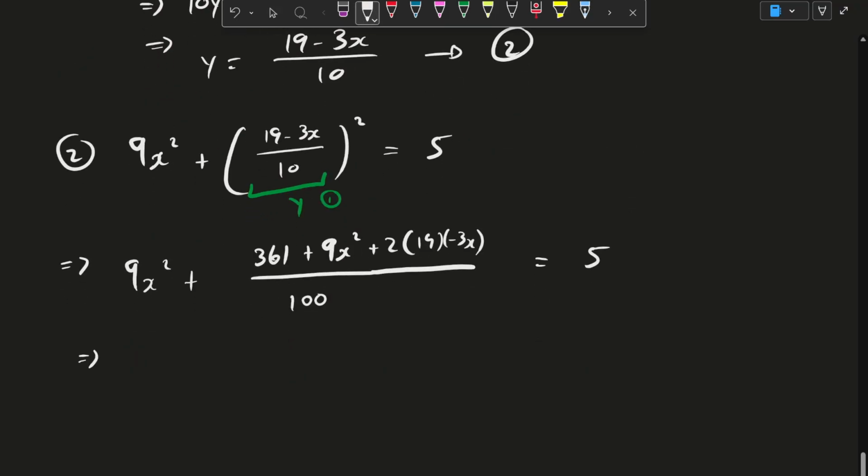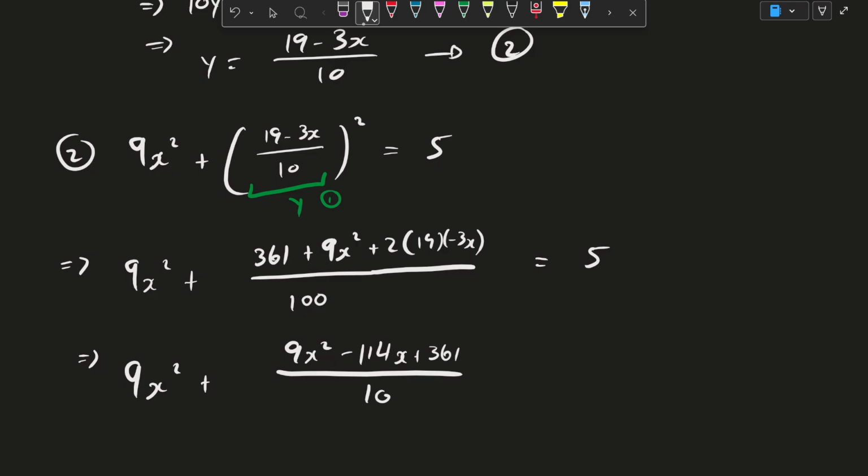I'm just going to keep that 100 fraction there and write the whole fraction as is. So we'll get 9x squared, 2 times 19 times minus 3 is going to give us minus 114x plus 361 over 100 is equal to 5.